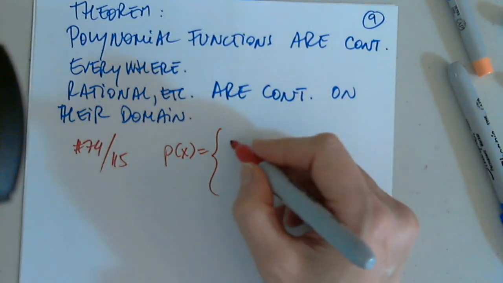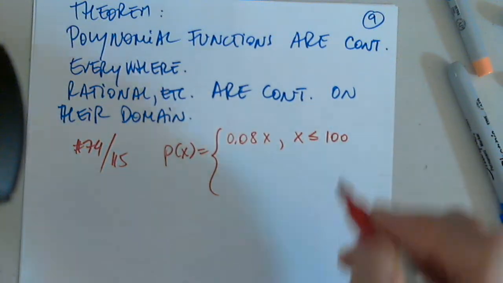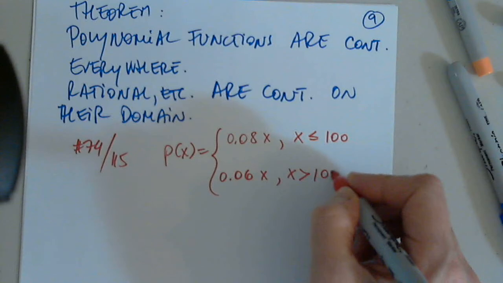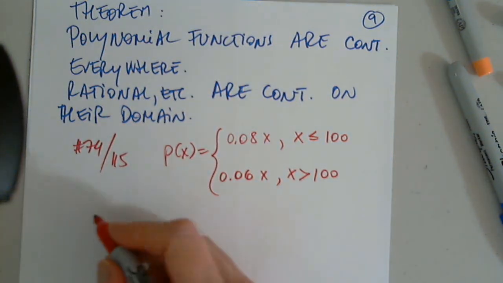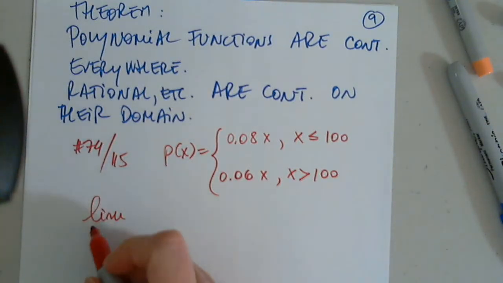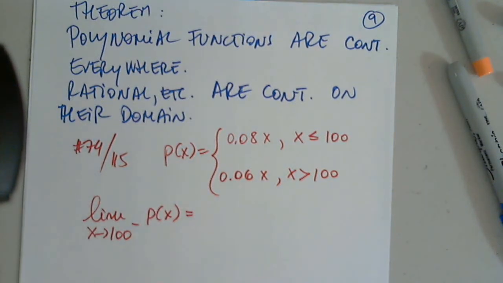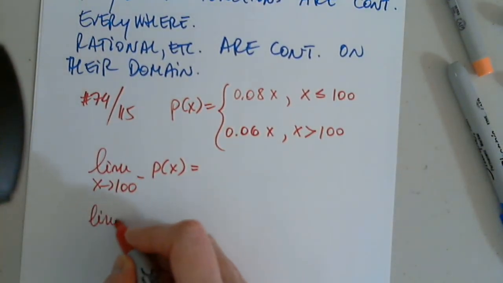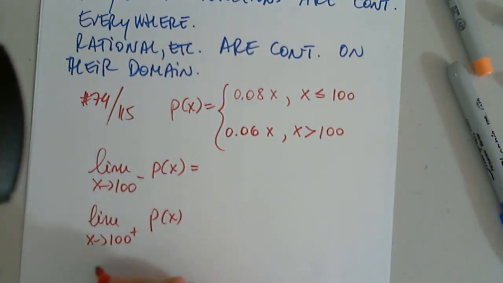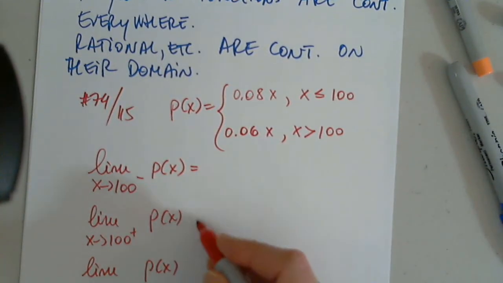So the price is calculated as 0.08x if x is less than or equal to 100, and is 0.06x for x greater than 100. We're asked to find the limit. We're not asked to graph, but we're asked to find the limit as x approaches 100 from the left, and the limit as x approaches 100 from the right, and the limit from both sides, from p of x.